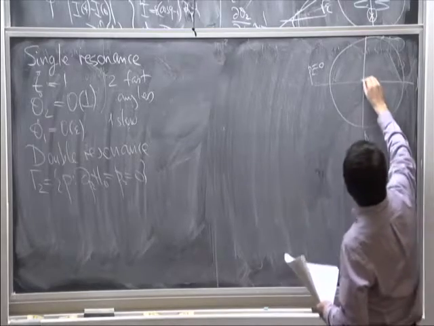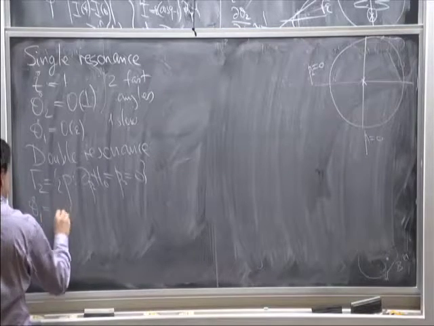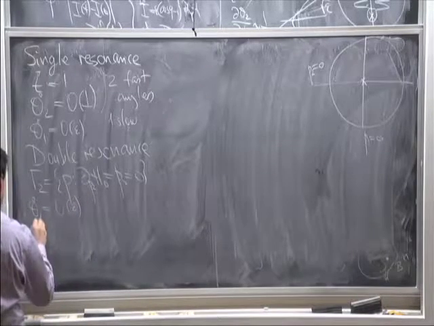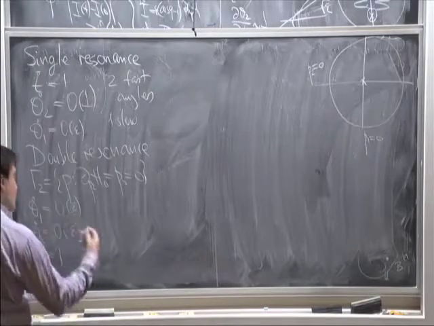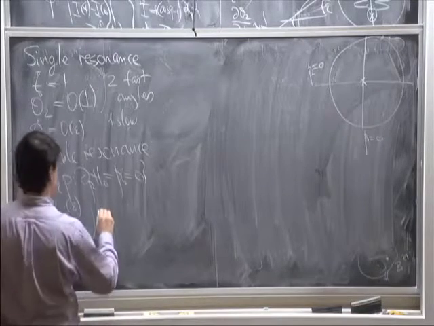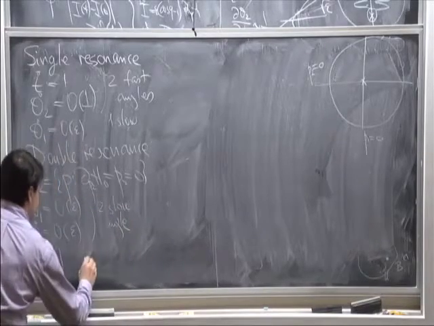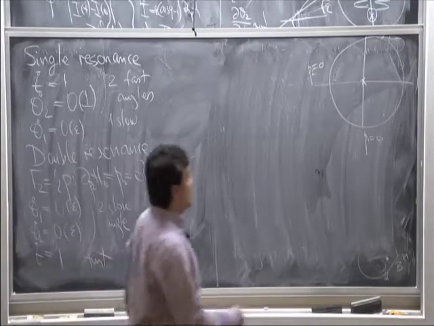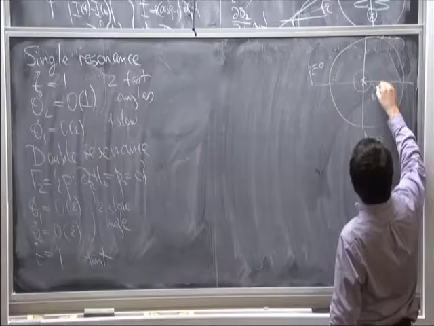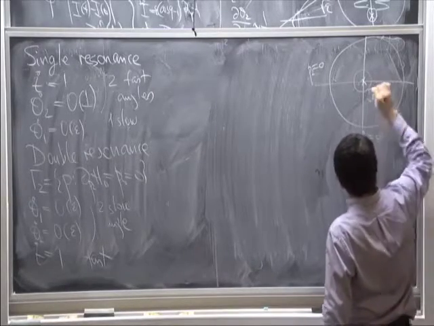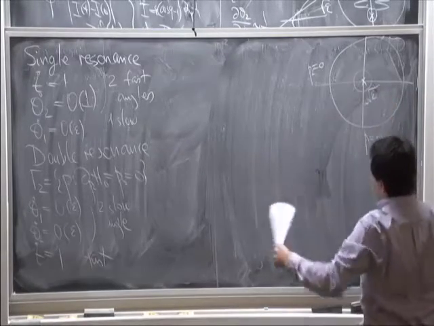And for example, at this point, theta 1 dot is small, theta 2 dot is small, and t dot is of order 1, and qualitatively the picture has changed. So you have two slow angles, and you have one fast angle. And what I want to do, I want to take an epsilon dependent neighborhood here. For example, there are a lot of technicalities, but let me take a neighborhood of order square root of epsilon and zoom it in.